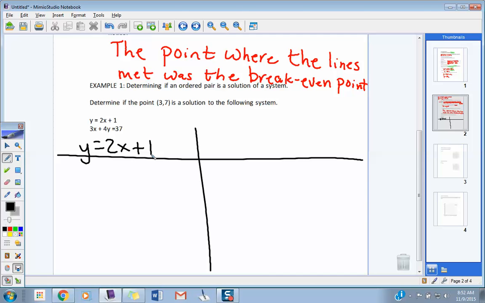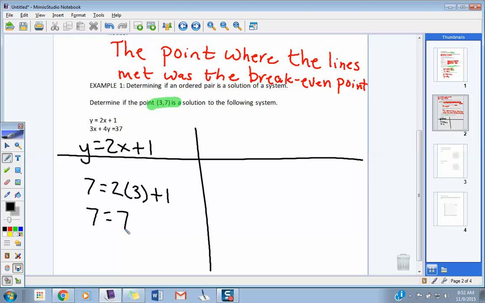So if I want to know if (3, 7) right here is my solution, what do I have to throw in for Y? 7. Okay, so let's do that. I'm going to have 7 equals. What are you throwing in for X given this point? Let's see. I have got 7 equals, what's the product of 2 and 3 on the right? 6 plus 1 more. 7.